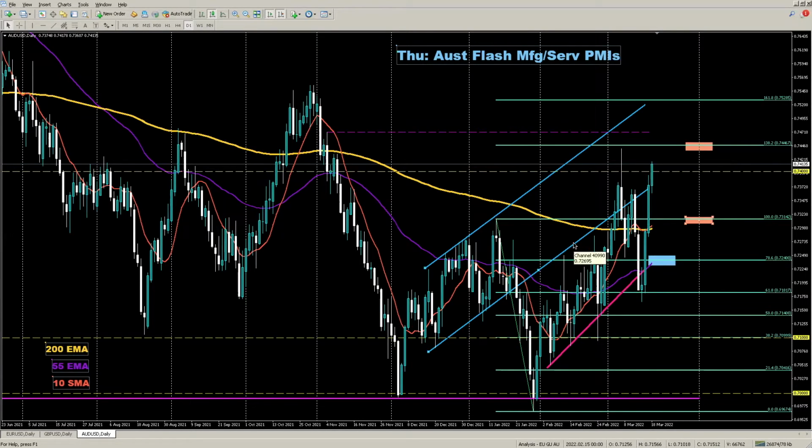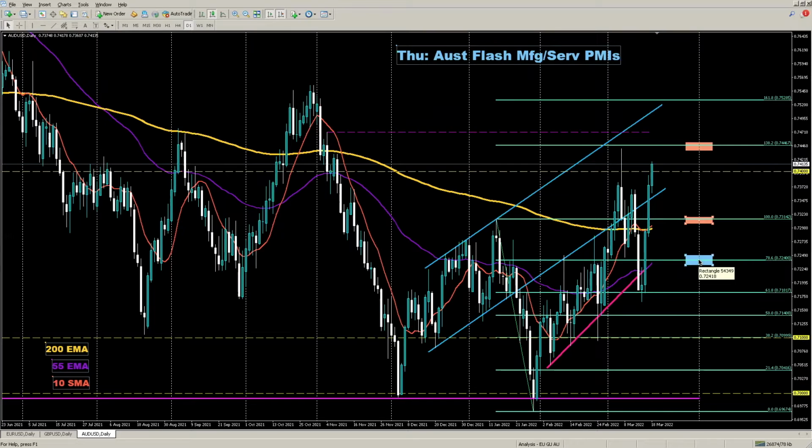And trying to climb back up above this into the bullish channel again. The 78.6 is going to be a strong support with the daily 55.